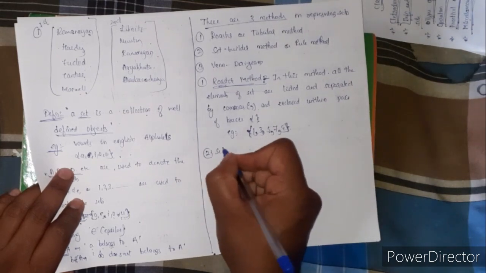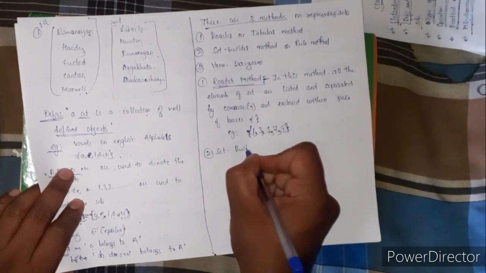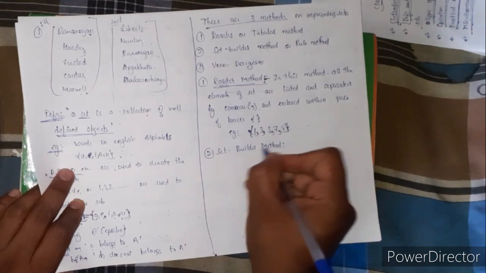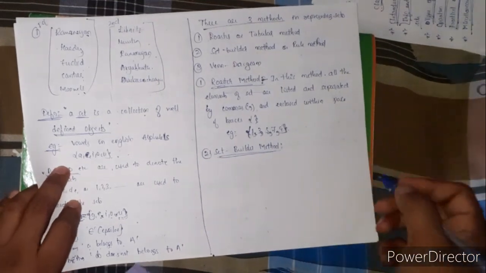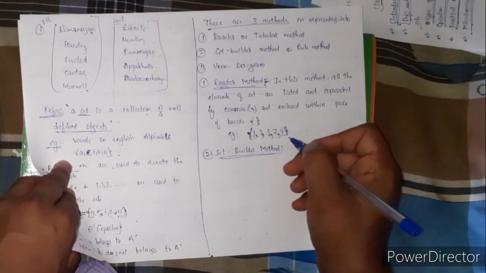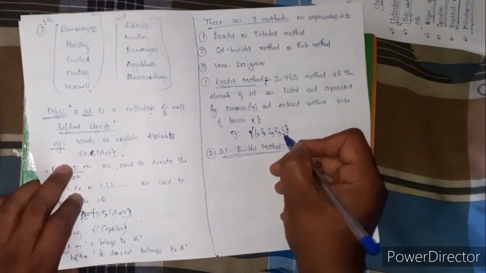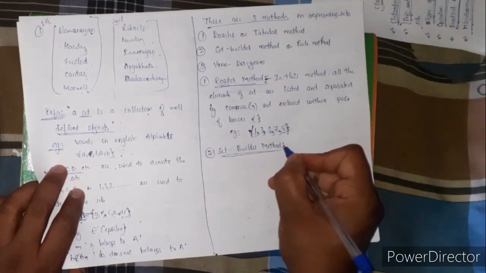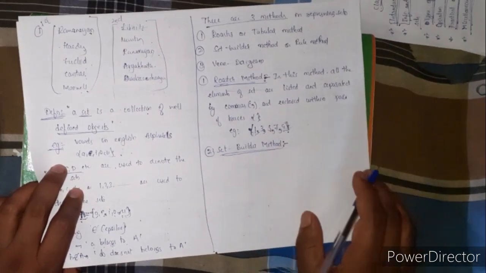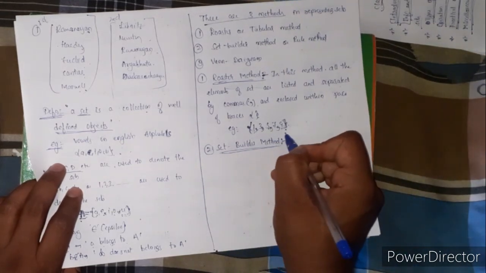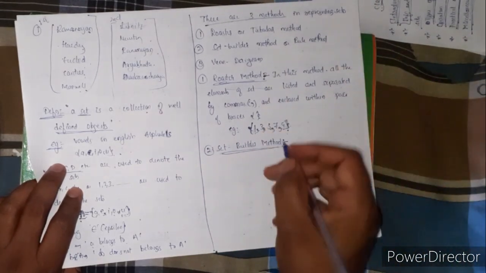And the second one is the set builder method. What we write in the roster method, we have to give as a rule, and that is nothing but the set builder method. That means all the elements of the set possess a single common property.